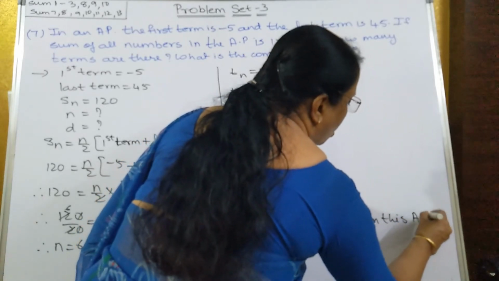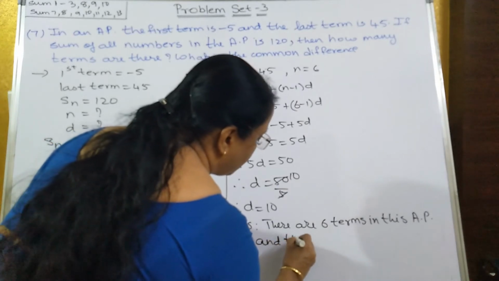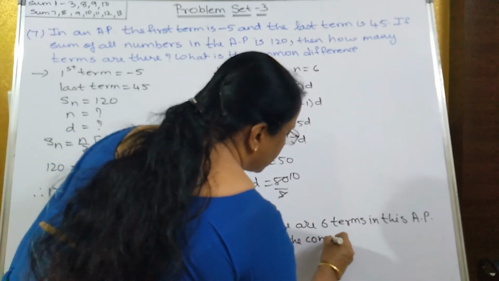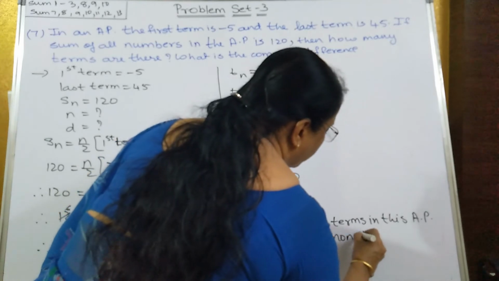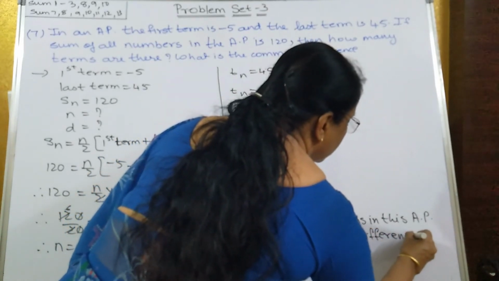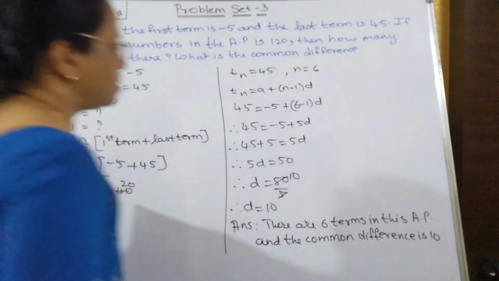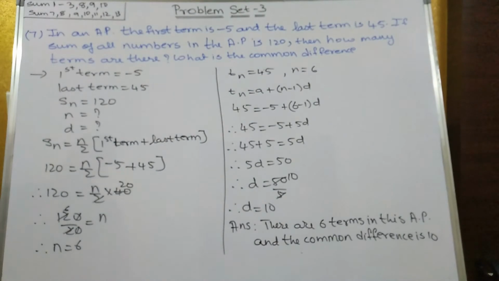And the common difference is, how much? 10. So this is our final answer. So there are total number of 6 terms in this AP, and the common difference is 10.